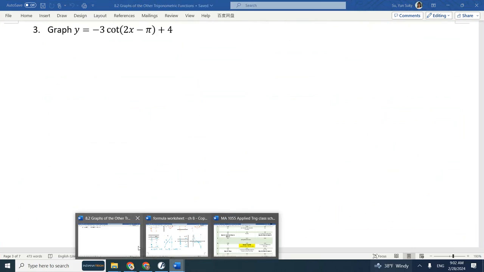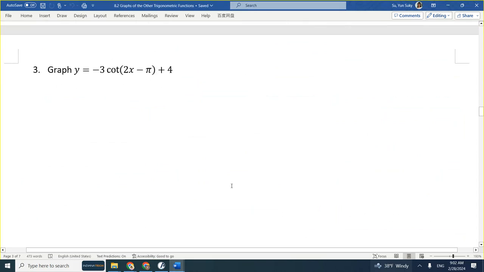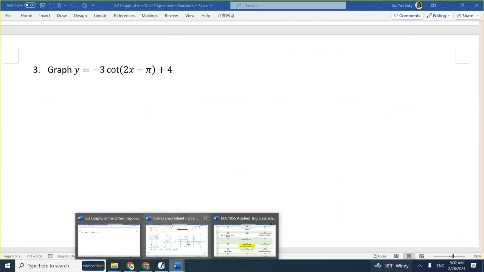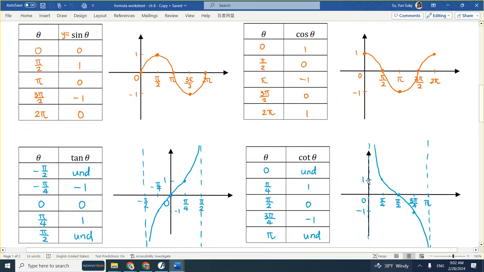Sorry, I'm too sick. Okay, so last time we talked about the graph of tangent and cotangent. So let's review the graph of the 6 trig functions. Sine and cosine are waves; sine starts with 0, cosine starts with 1.